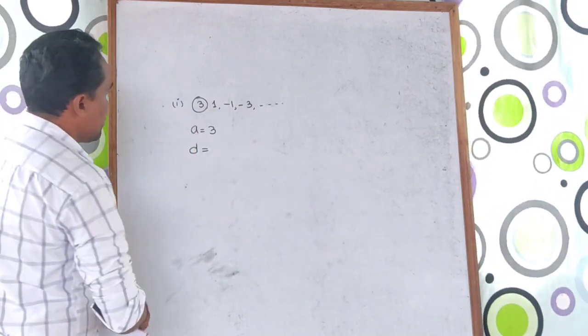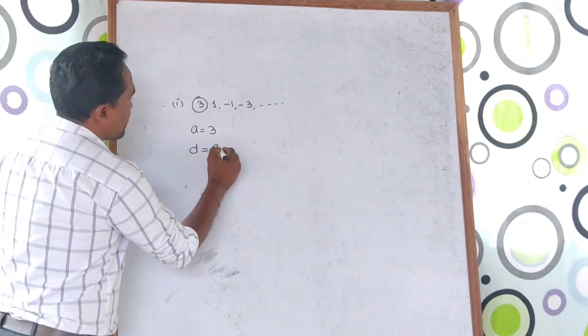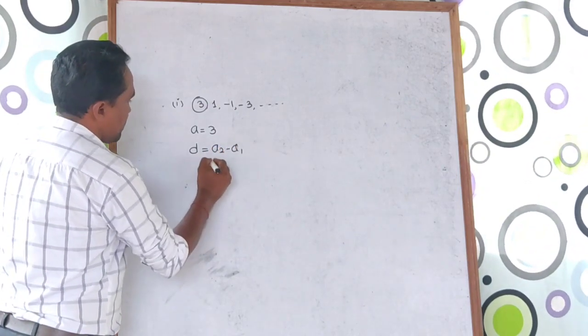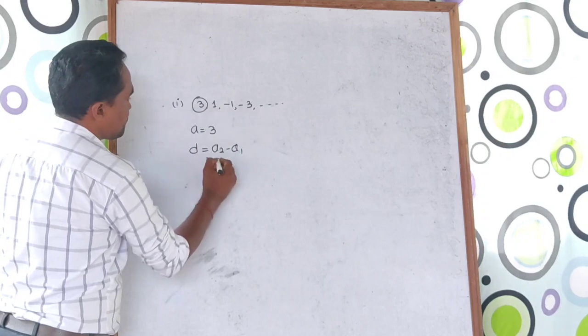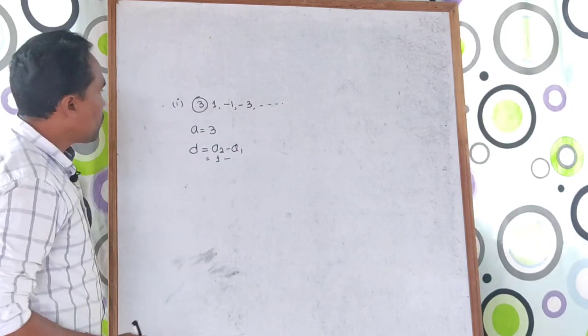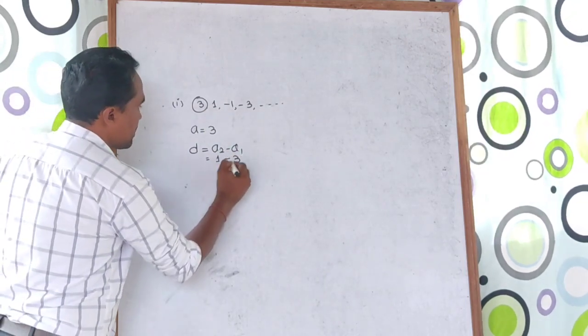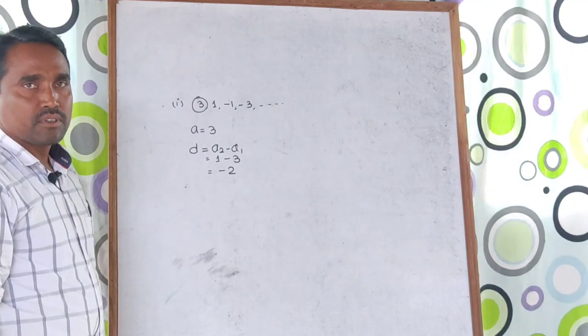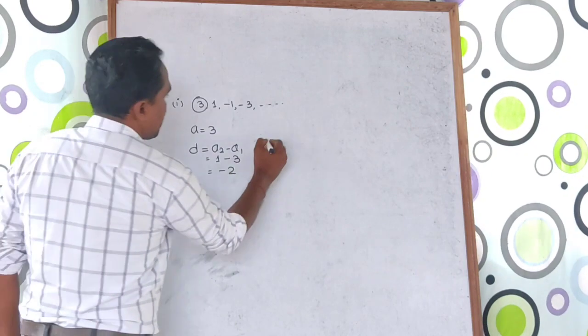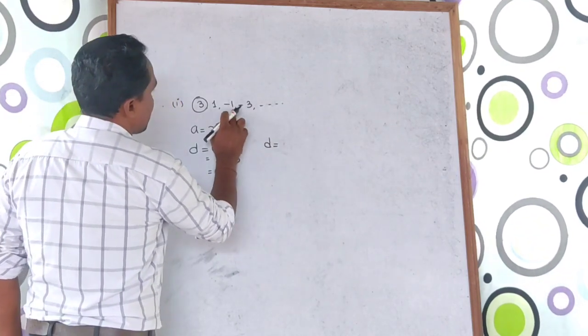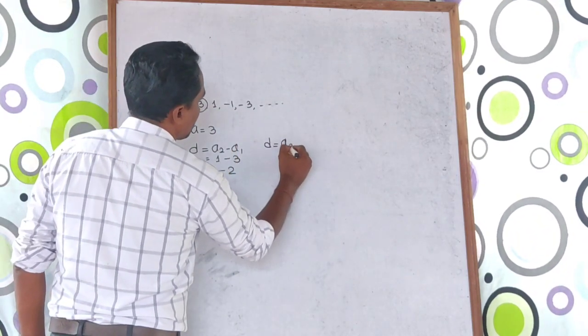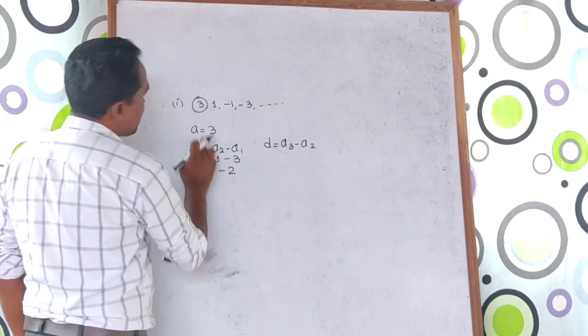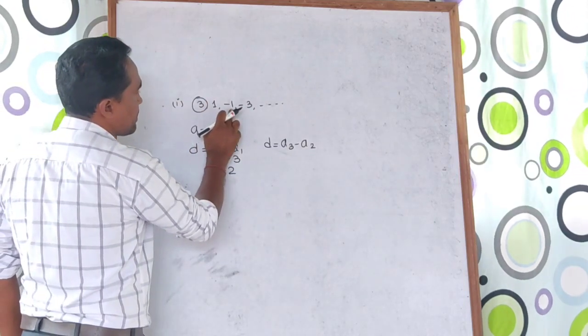I can take any. Look here, if I take A2 minus A1, what is A2 here? 1. Minus, what is A1 here? 3. So 1 minus 3 equals minus 2. Let's see another one. If I take A3 minus A2, what is A3 here? A1, A2, A3.